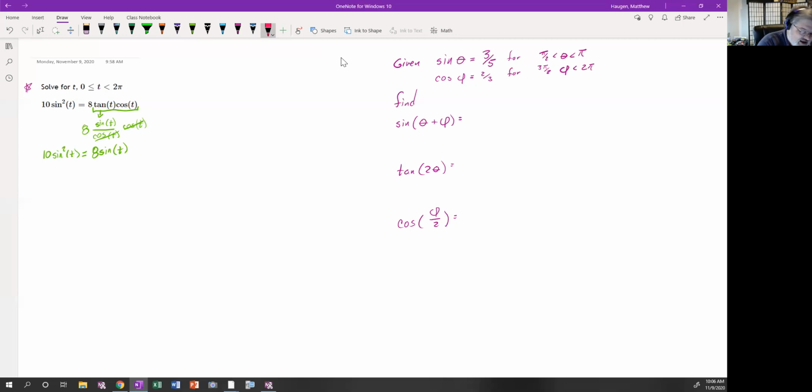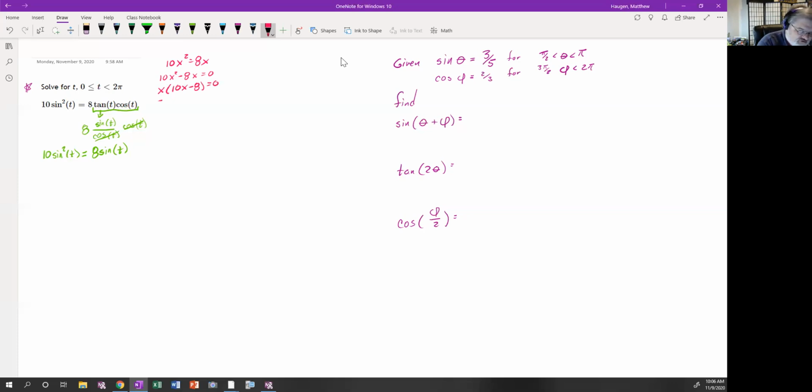So instead, we want to handle this the same way we'd handle something like 10x squared equals 8x. Ideally, we'd solve that by setting it equal to 0 because it's a quadratic, and then factor it. What you want to do with the 8 and 10 is up to you.